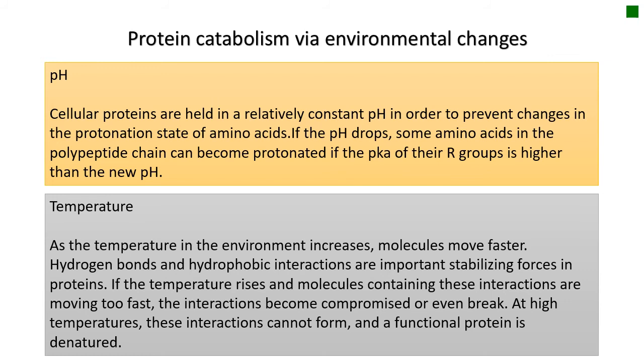If the temperature rises and the molecules containing these interactions move too fast, the interactions become compromised or even break. At high temperatures, these interactions cannot form, and the functional protein is denatured. Denaturation is the breaking down of the conformation of the protein.